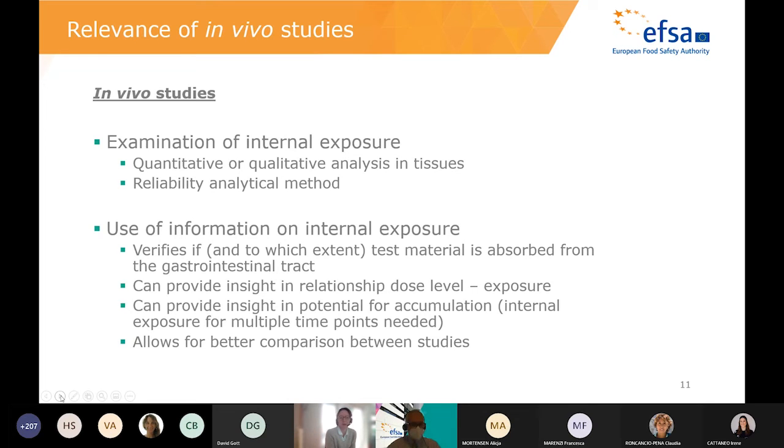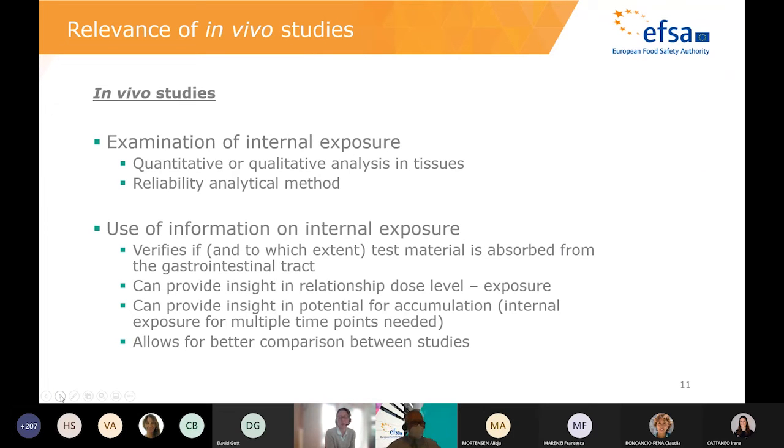And if you look at what kind of information can be present in existing toxicity studies, it could be either qualitative information or quantitative information. And it's also important to have a look at the reliability of the analytical method. So when you have this information on internal exposure and you assessed whether it's qualitative or quantitative and the reliability of the analytical method, then you can use this information, for example, to verify if there has actually been absorption from the gastrointestinal tract.